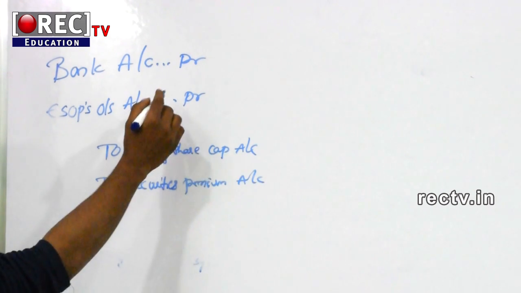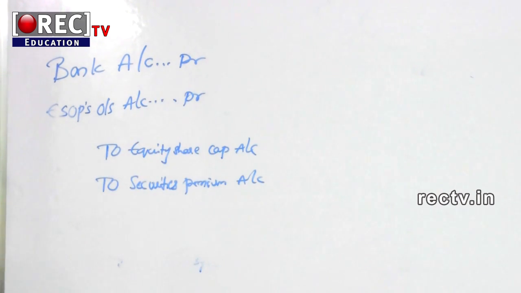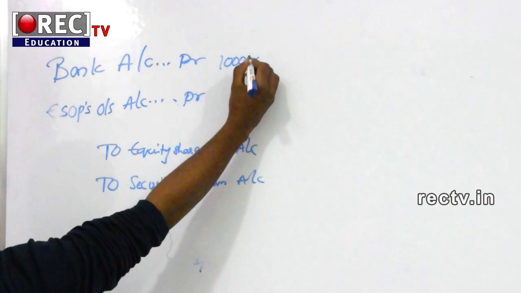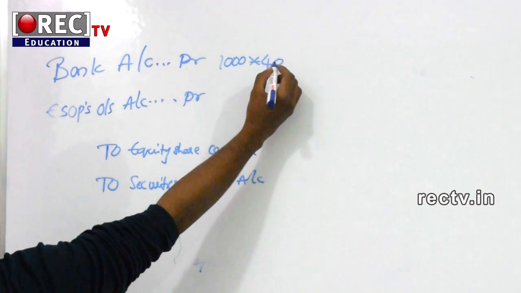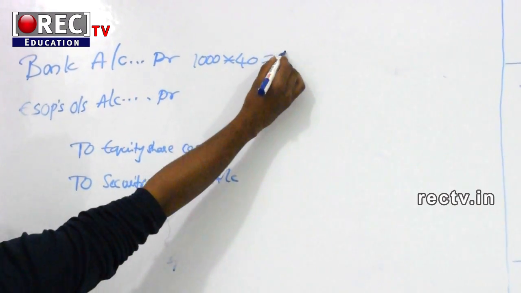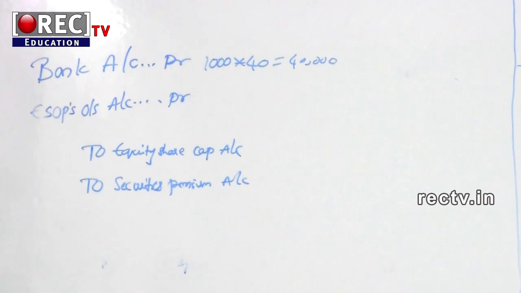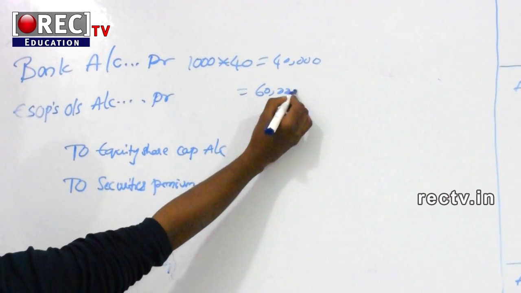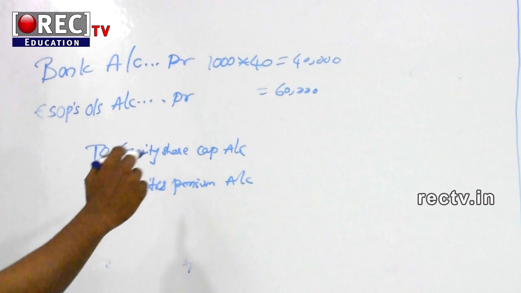The amount here, whatever amount the employees are paying, goes to the bank account, that is 1000 into 40. So the employees were paying 40, therefore 40,000. And the ESOPs outstanding account shows 60,000, so ESOPs outstanding account is debited.